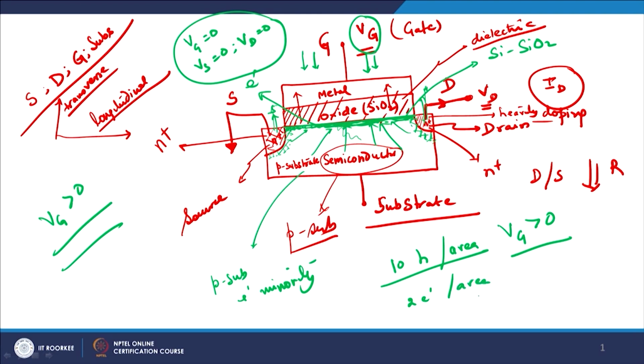Increase further, I get 4 electrons per unit area. I go on increasing till I reach 10 electrons per unit area, agreed. Once this happens, these 10 electrons will recombine with these 10 holes, and as a result there will be no holes available.